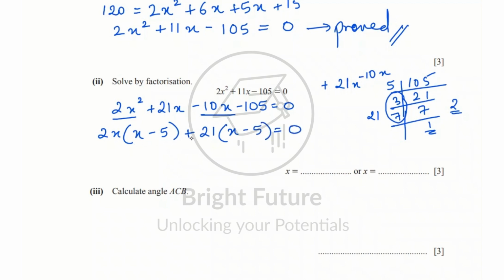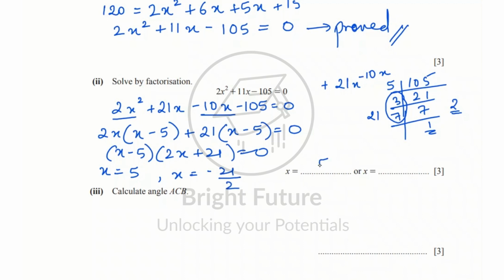Always see whether the brackets have the same terms. So this becomes x minus 5, 2x plus 21 equals 0. So either x equals 5 or x equals minus 21 upon 2. So 5 and minus 21 upon 2.